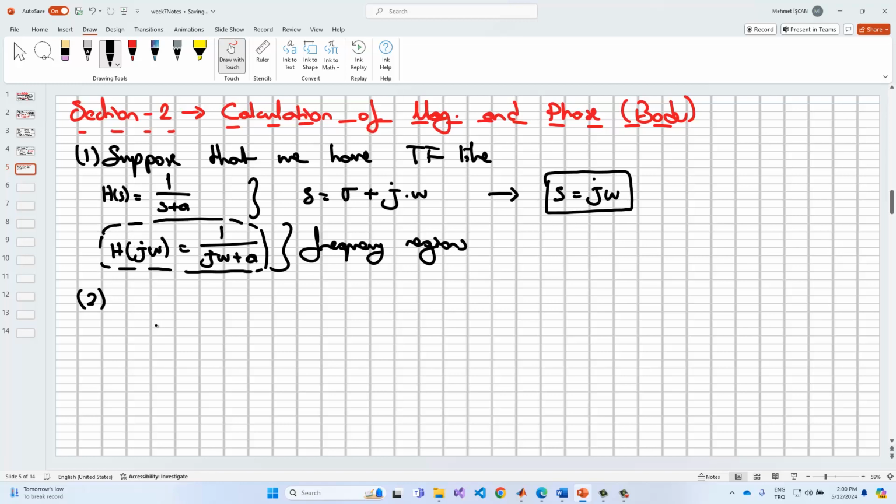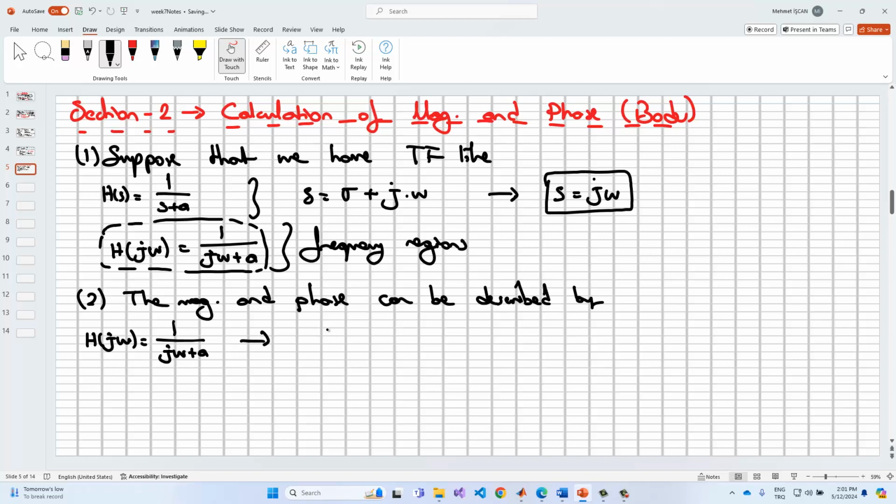And so how can we calculate the magnitude and the phase in this case? H(j omega) is equal to 1 over j omega plus a, and using complex analysis we can multiply these terms by the complex conjugate, which is a minus j omega.